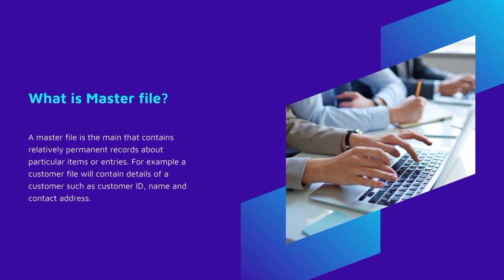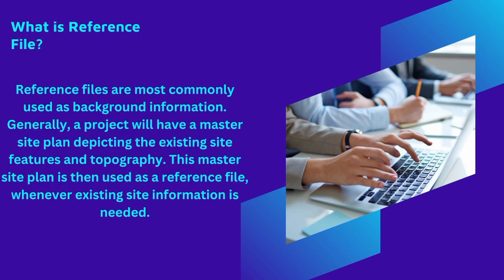For example, a customer file will contain details of a customer, such as a customer ID and the contact address. Master files are permanent files that keep up to date information that is being used during a transaction that may have occurred during the operation of a business.